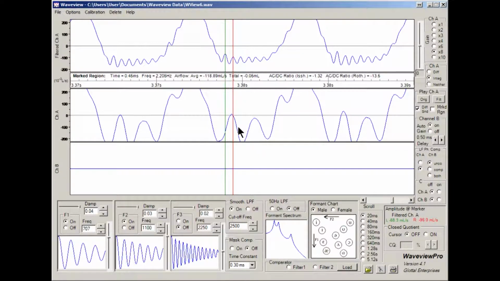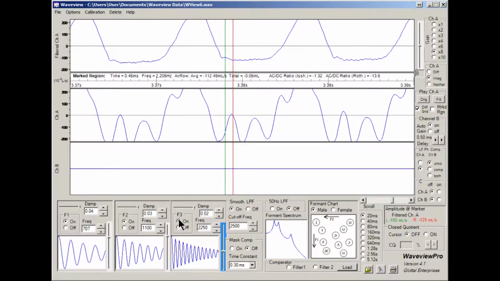I marked with the left cursor and the right cursor, and I have a period of 0.45 milliseconds, which is equivalent to a frequency of around 2200 hertz, which would be the third formant. So the third formant is set pretty close to 2200 hertz.